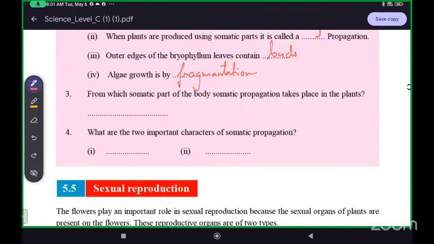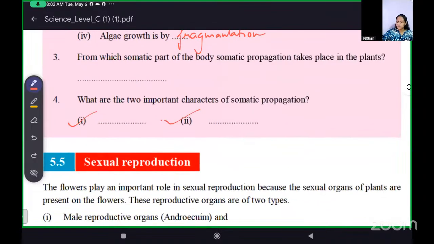Somatic parts can be the surface of the plant, okay? It can be the leaf, it can be its surface itself, it can be root. Anything from which the somatic propagation takes place. Then, what are the two important characters in somatic propagation? This you have to write down.